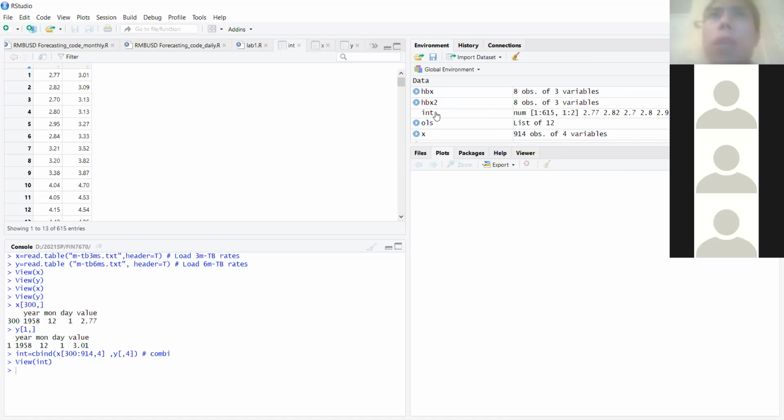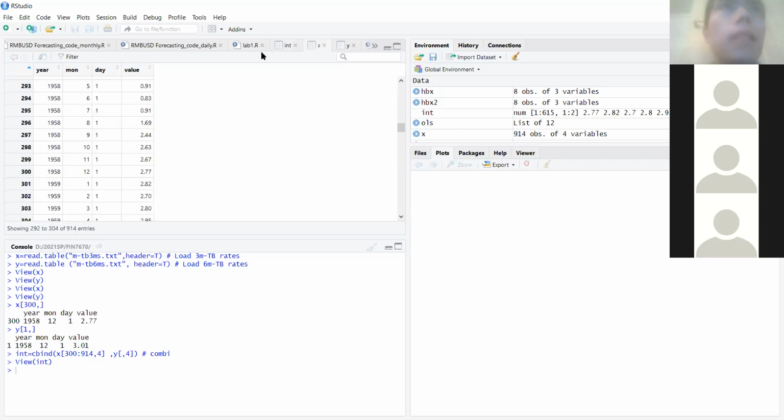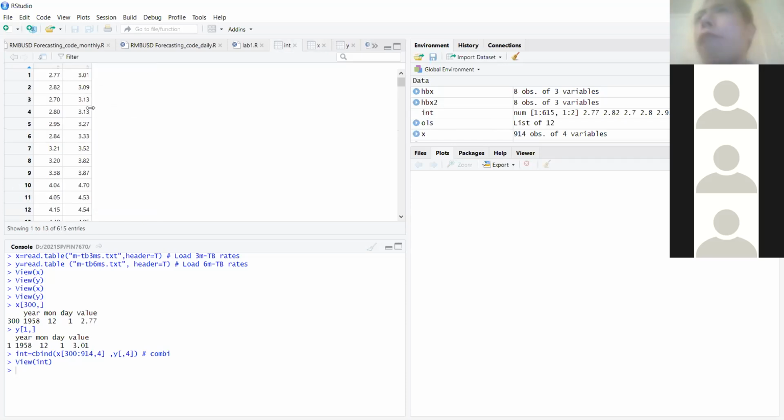However, the structure of int is not a data frame. In RStudio, like this original X file, this is a data frame because it has variables, like year. It's kind of like a table, in a very formal way. However, the int file is not a formal data frame.